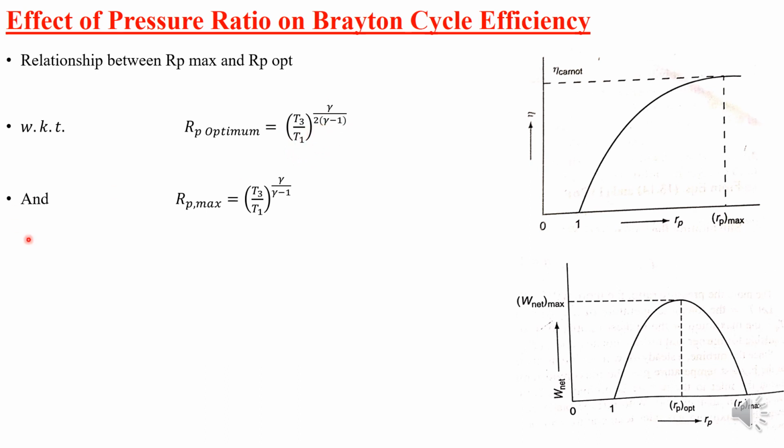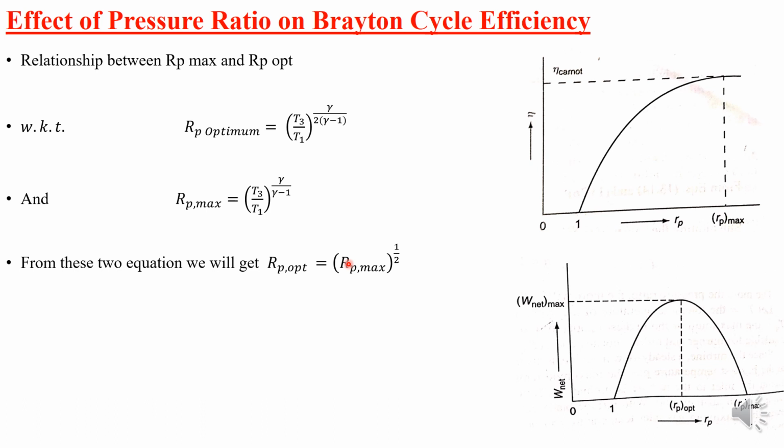By comparing these two equations, you will get the relationship between optimum pressure ratio and maximum pressure ratio. So just compare these two equations. You can write Rp opt is nothing but Rp max to the power 1 by 2, that is, Rp opt is the square root of Rp max.